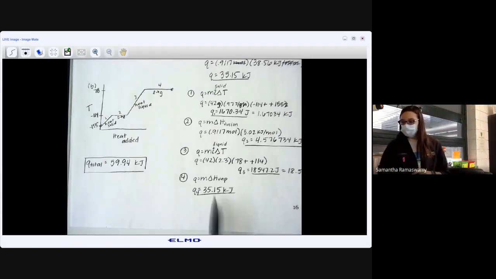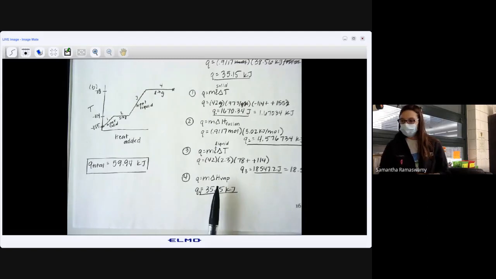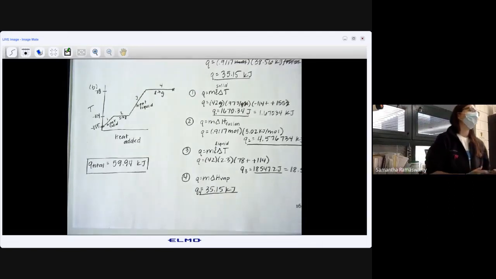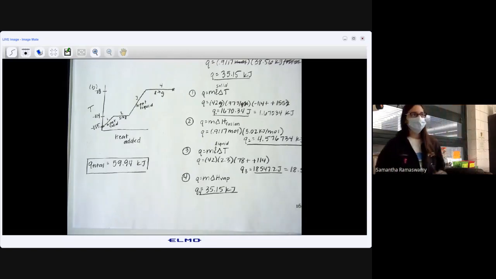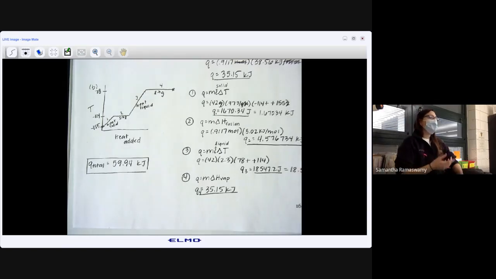Something else, if you notice, the heat of vaporization was 38.56 kilojoules per mole. Heat of fusion was only 5, essentially, kilojoules per mole. There are many times that they'll use heat of vaporization as a property of liquids, and it will ask which has stronger intermolecular forces based on heat of vaporization. Well, heat of vaporization is overcoming all intermolecular forces.